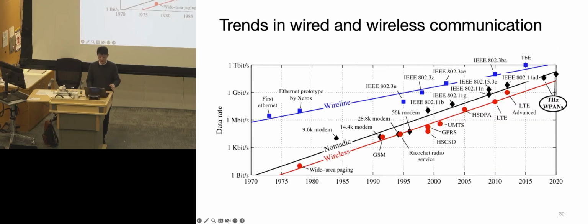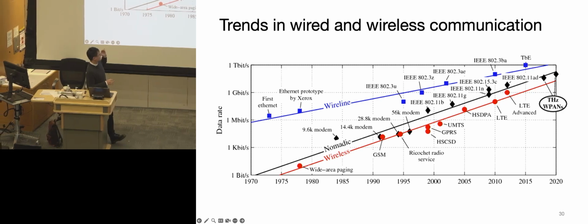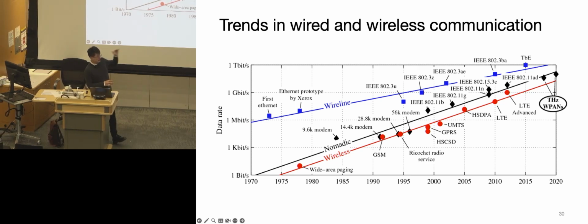And there's a trend in wired and wireless communications, the transmit speed. You can see that the wireless transmission speed is going up, and at some point they're going to cross each other, and it's even possible that wireless surpasses the wired solutions in some cases. Just think about what can be designed then, what type of new device or computing class can be enabled.